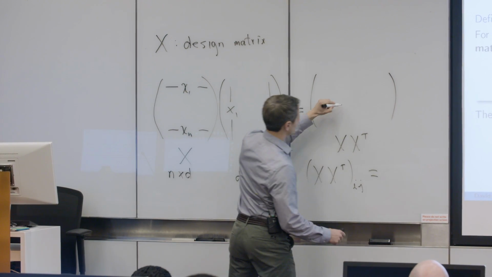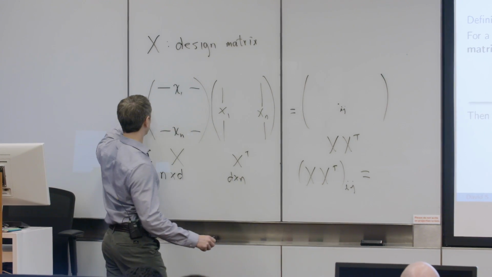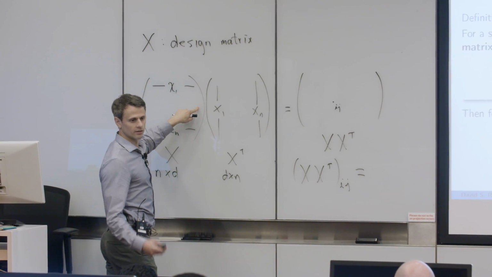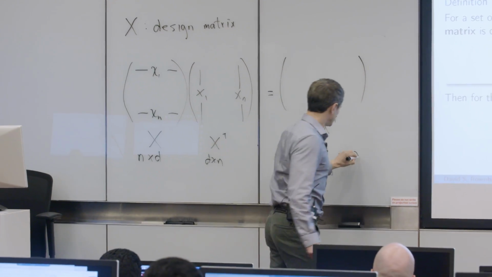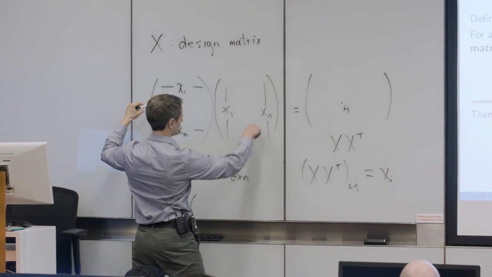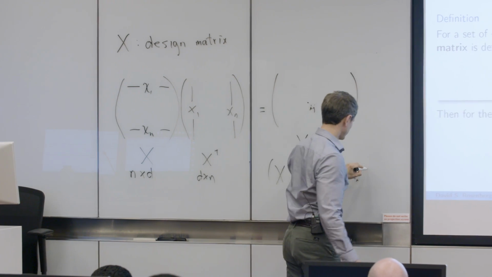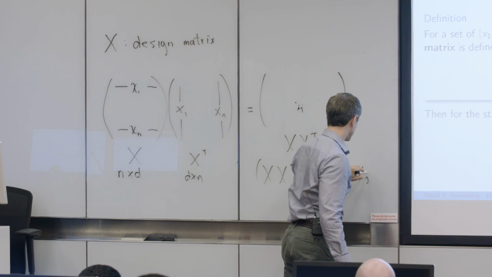If we want the ij-th entry, we take the i-th row, which is little xi, and the j-th column, which is xj, and we take their inner product.